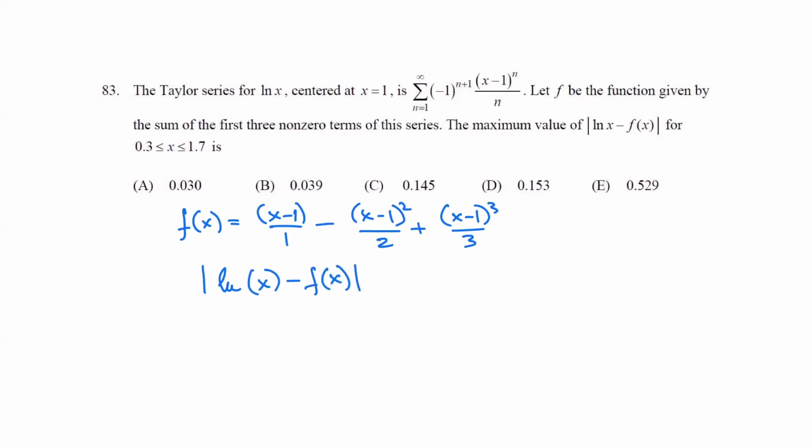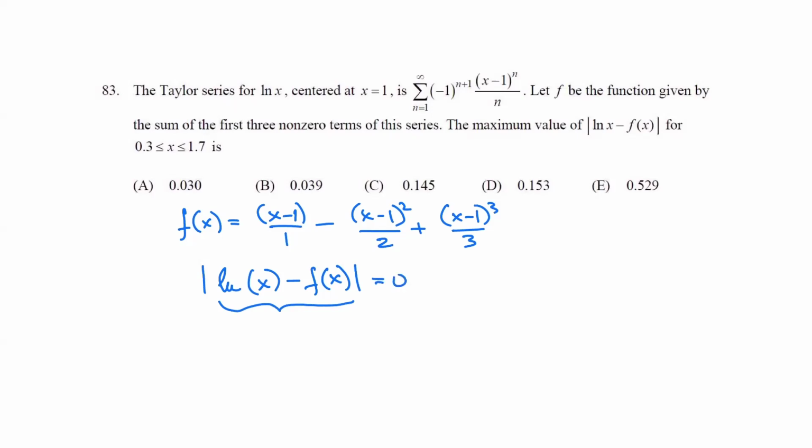And note one thing, with this function, we can show it, it's a little bit tedious and not really required in this question, but we can show that this function is increasing on the interval from 1 to 1.7 and decreasing on the interval from 0.3 to 1, and it actually reaches its minimum at x equals 1.